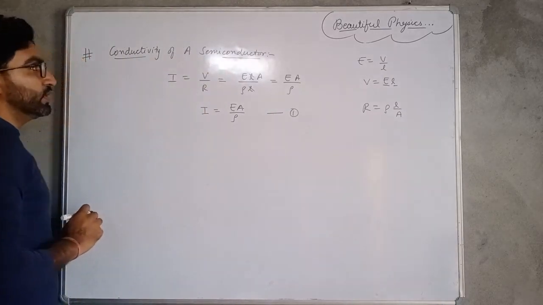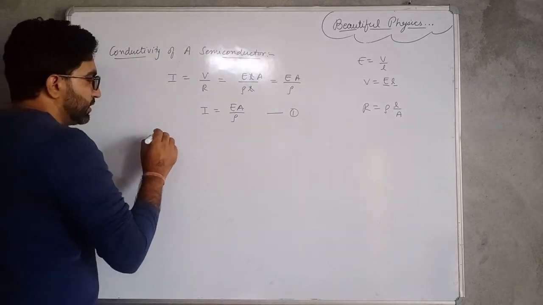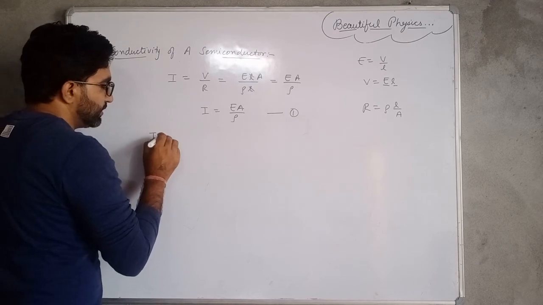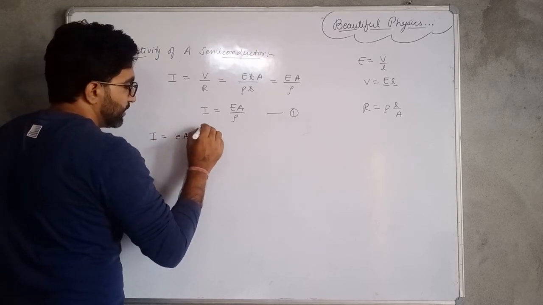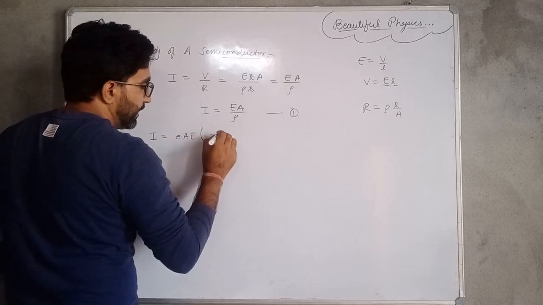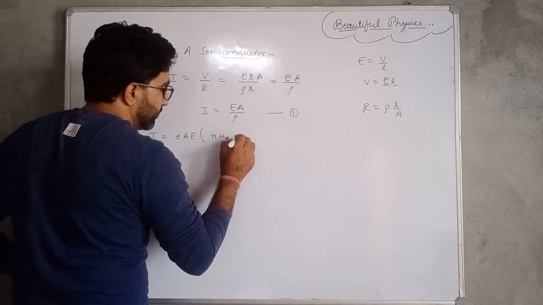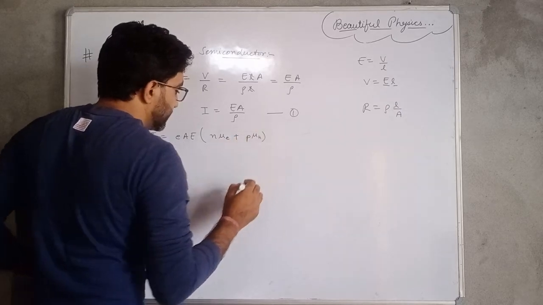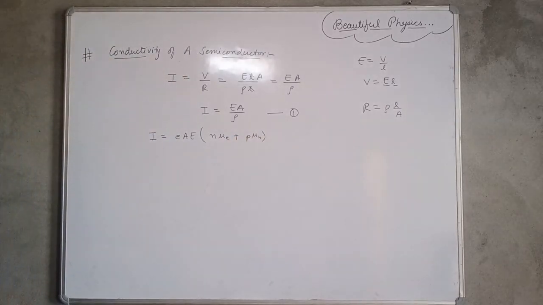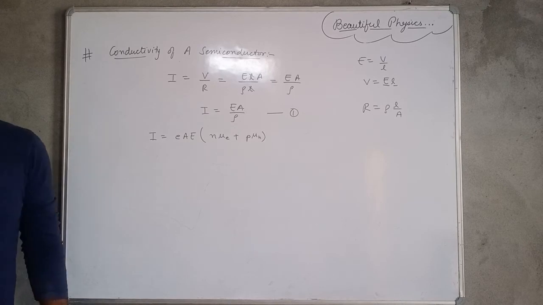We also know that the current in a semiconductor I = e A times the electric field times (n mu e + p mu h).